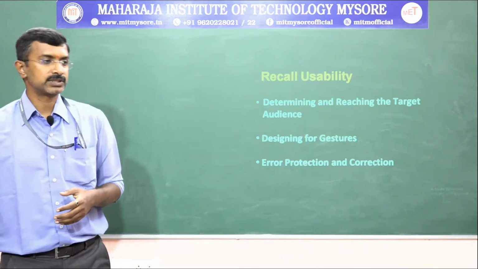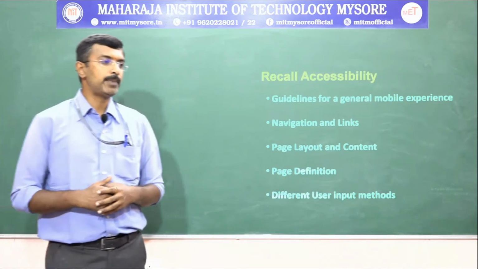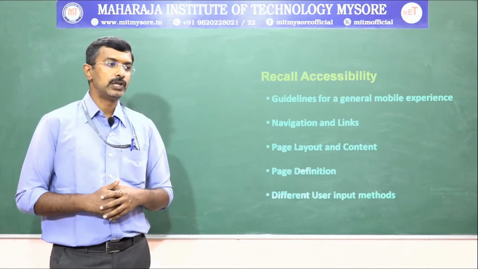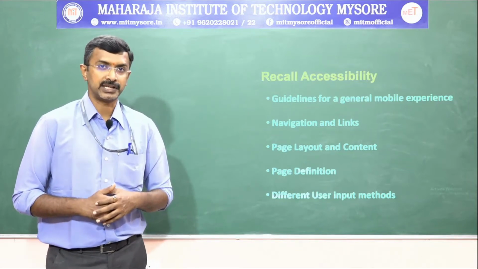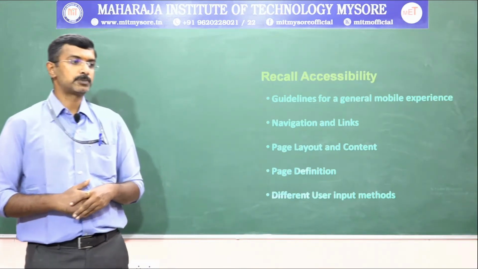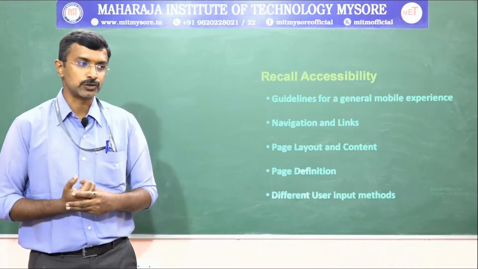The last thing we discussed was accessibility. In accessibility, we mainly meant guidelines for the general mobile experience. We looked into navigation and links. How do we make users use different navigation links? Then we spoke about page layout and content, how the page should be designed, how the activity should be designed.